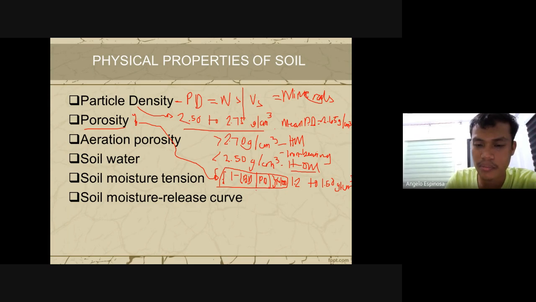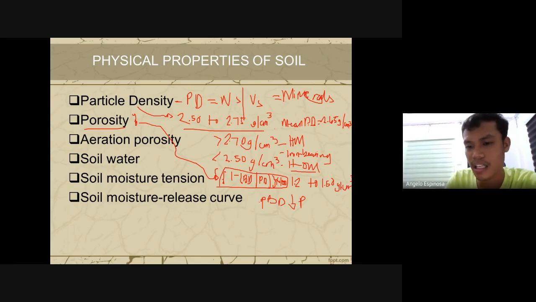Always remember, the higher the bulk density of the soil, the lower its porosity. So the porosity is low, because when the bulk density is high, the soil is really compacted. So there is low possibility for soil air and soil water to enter.